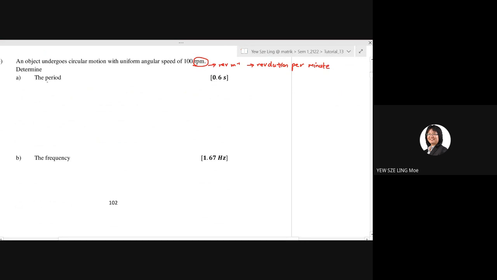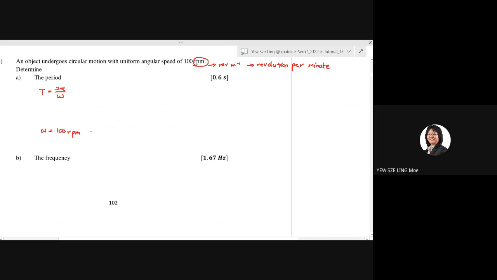The question wants you to calculate the period. How to calculate the period? Think about the relationship between period and angular speed. T equals 2 pi over omega. We need the value of omega in terms of SI units, but omega is given in RPM.